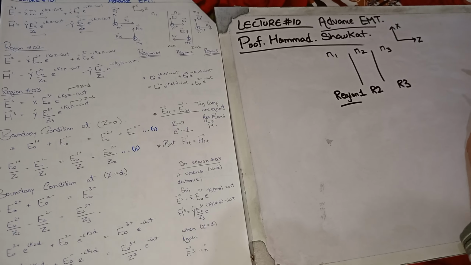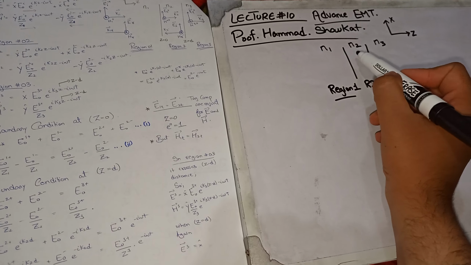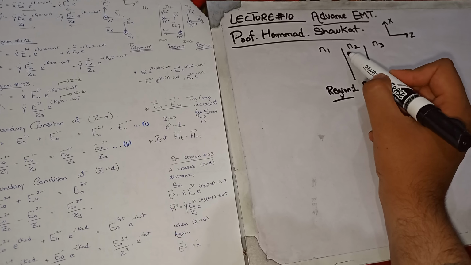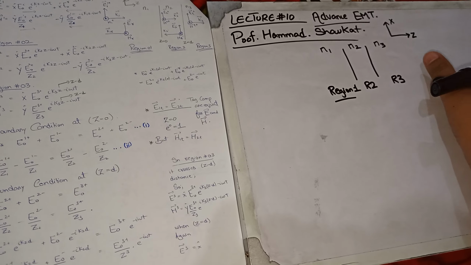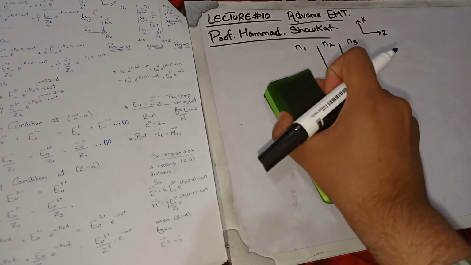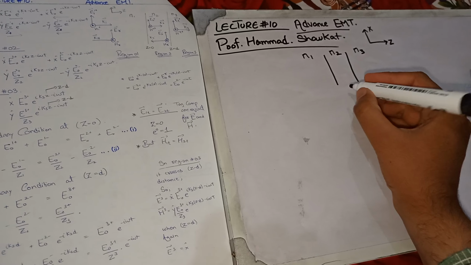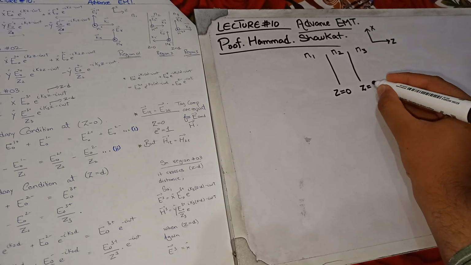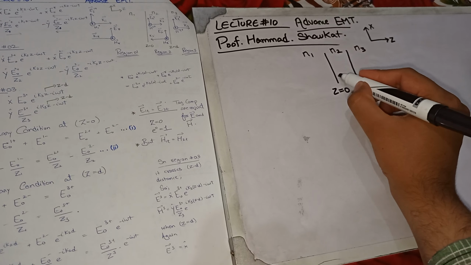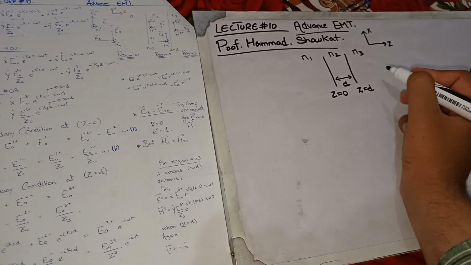We have an electric field. A wave is coming and has to strike this boundary. Here are the boundary conditions: this boundary is z equals 0, and this boundary is z equals d, and the separation between the two is also d.